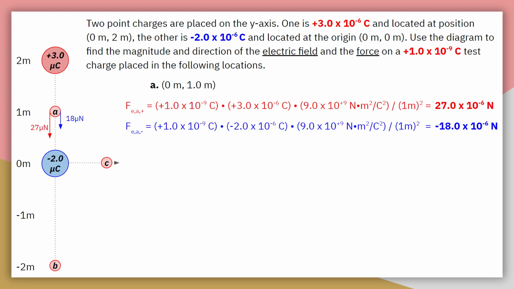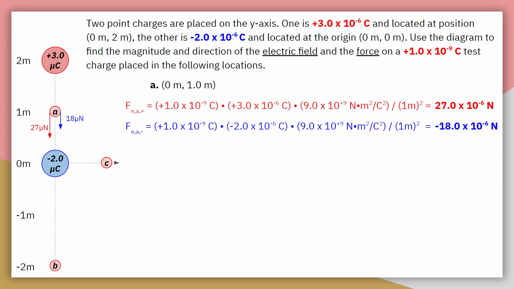For the electric force on a test charge at location A by the negative point charge, we still use that positive 1 times 10 to the negative 9th coulomb for the charge of the test charge, but now we multiply it by the negative 2.0 times 10 to the minus 6 coulomb charge for the point charge. Still multiplied by Coulomb's constant, and we're still going to divide by the distance between those 2 points, which for this one also happens to be 1 meter, that we need to square.